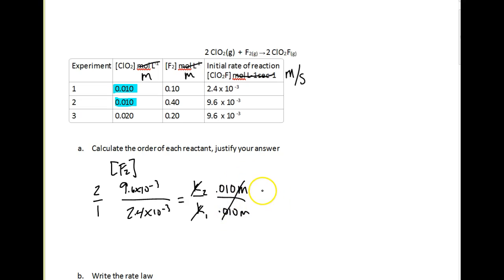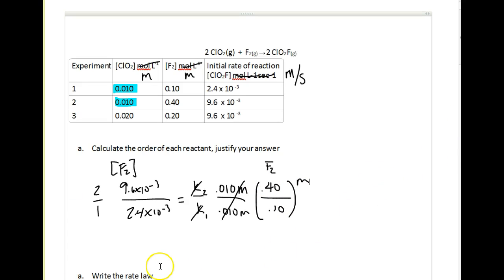And then we're going to go ahead and plug in our 0.40 from experiment 2, and this is for our F2 here. And then we're going to plug in our 0.10, and of course these are going to be raised to our m power. Essentially, that's how we're going to determine our order for F2.